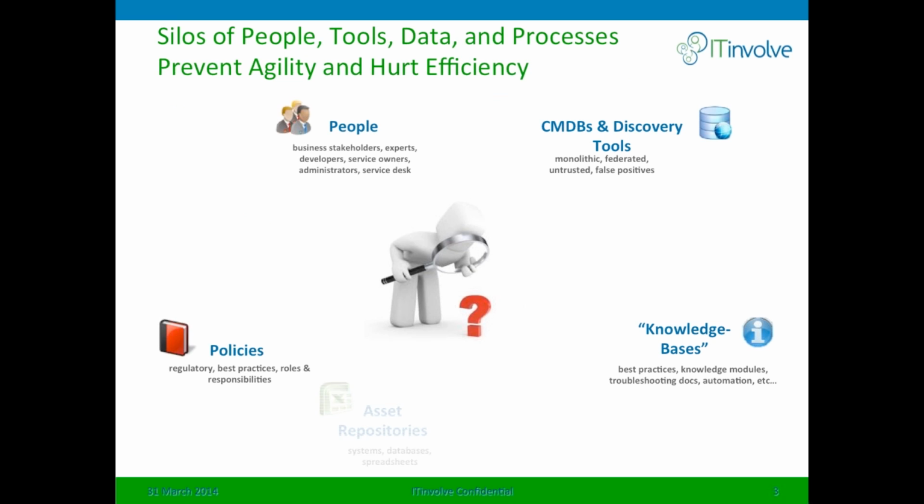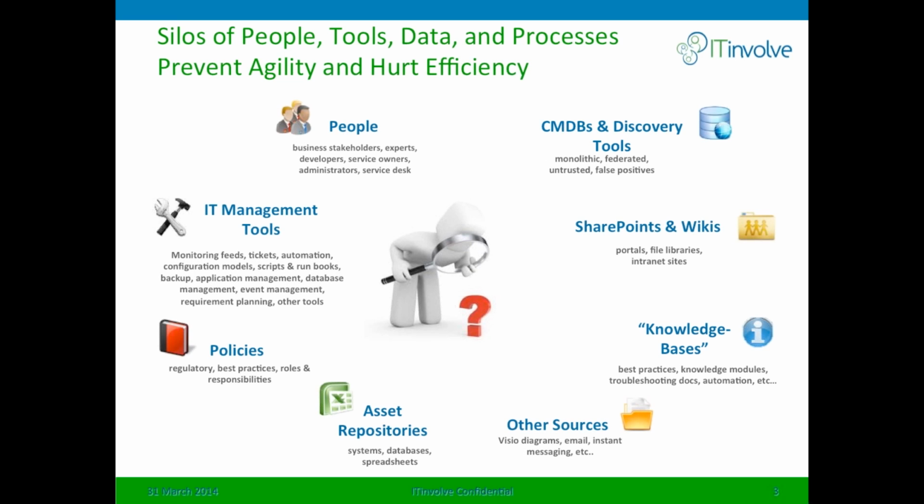What we find as we engage with our clients and prospective customers is that IT is literally drowning in lots and lots of data and processes and tools. And despite all of these investments, it's very difficult for IT teams to be able to find and leverage this information. You might have valuable information in your CMDB.